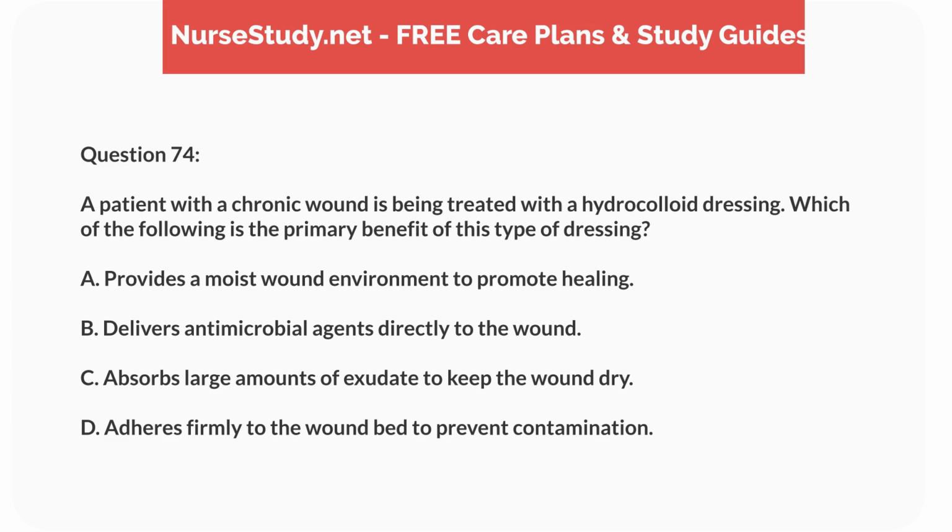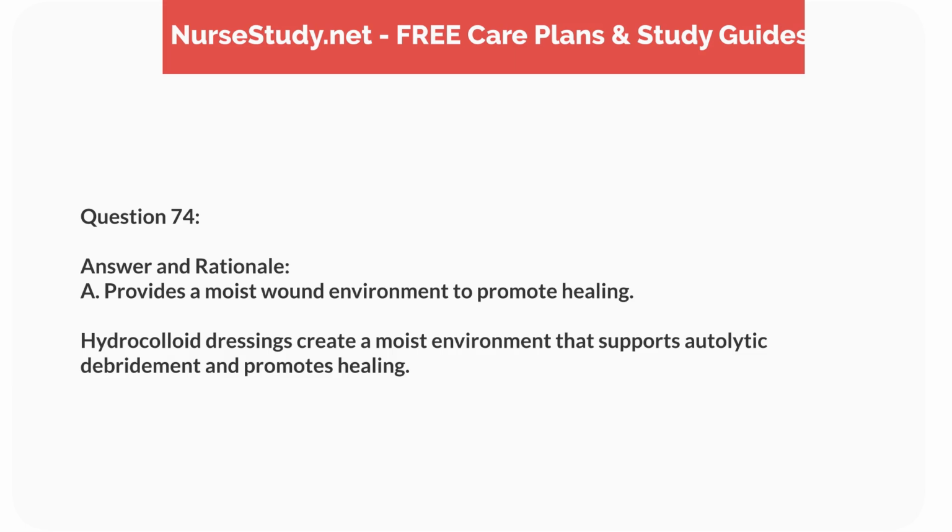C. Absorbs large amounts of exudate to keep the wound dry. D. Adheres firmly to the wound bed to prevent contamination. Answer and rationale. A. Provides a moist wound environment to promote healing. Hydrocolloid dressings create a moist environment that supports autolytic debridement and promotes healing.